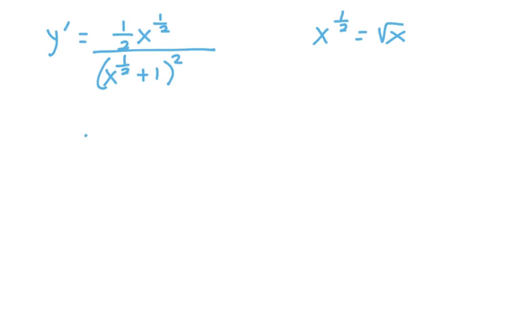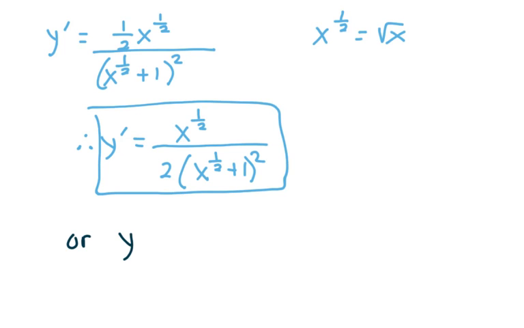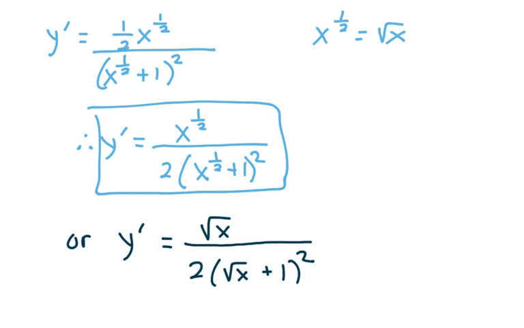And so therefore, I hope you guys don't mind blue, y prime is 1 divided by 2 times x to the 1/2 times x to the 1/2 plus 1 to the second. And then again, I said square root of x, so let's also emphasize it can be written this way as well. So I could write 1 divided by 2 times square root of x times square root of x plus 1 to the second.